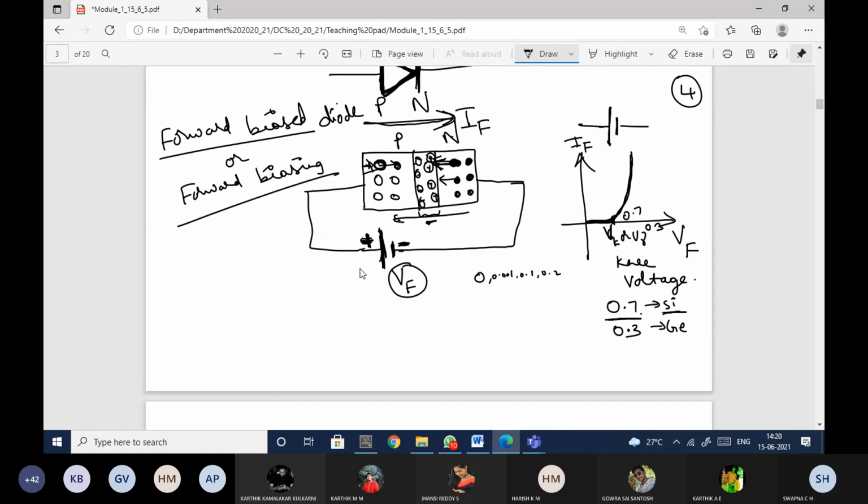I'm calling this forward biasing because after the barrier voltage the current increases exponentially. But when you change the polarity, negative here and positive here, there won't be any current flow. That is the reason we call it reverse bias. That I'll teach you tomorrow.